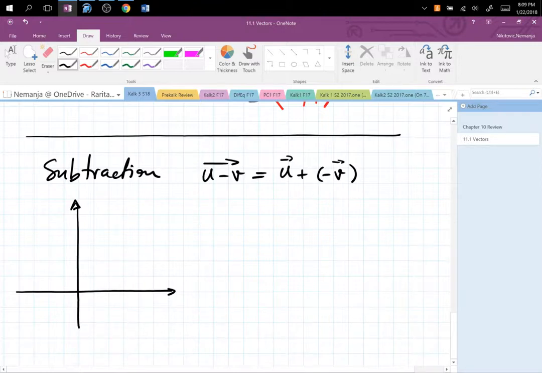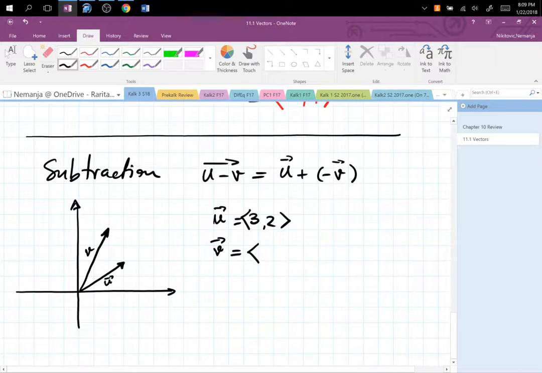So say I have vector u given as 3, 2, and vector v given as 2, 4.